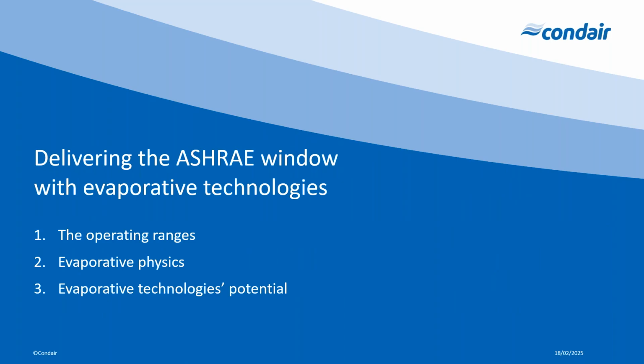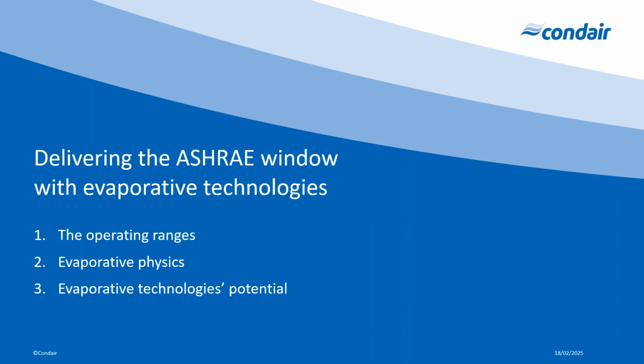So I'd like to start off with an introduction to the ASHRAE environmental envelope or ranges for air-cooled equipment. For those of you that are not familiar with ASHRAE, I think the majority of the participants joining us for this session are based out of North America. But for those of you that aren't, ASHRAE is the American Society of Heating, Refrigeration, Air Conditioning Engineers.